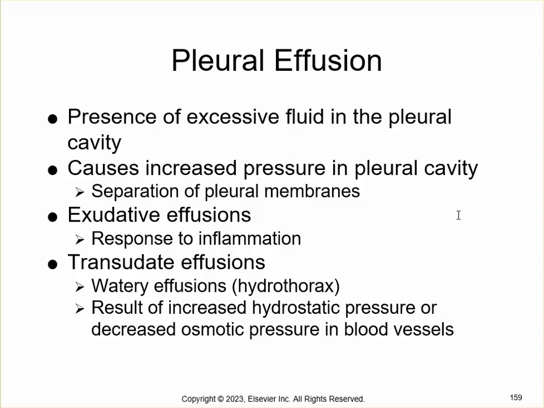If it's water, we call it hydrothorax. It could happen because of increased hydrostatic pressure, blood pressure, not in the pulmonary arteries, but in the bronchial arteries, the systemic side, which are the arteries that feed the pleura.